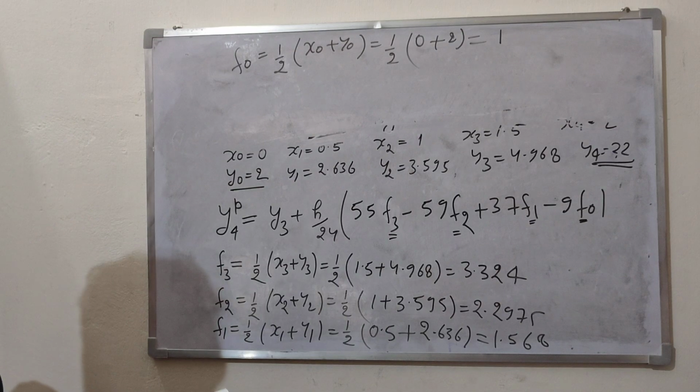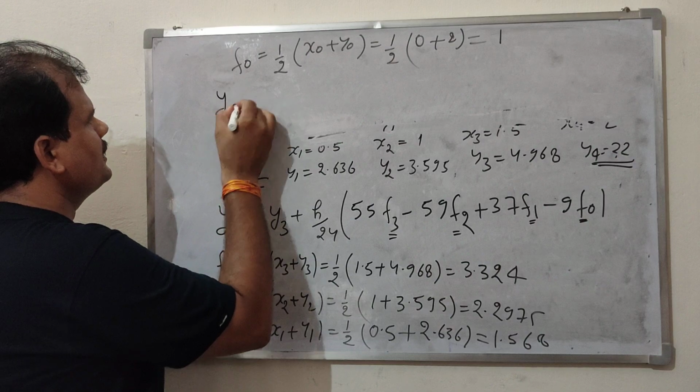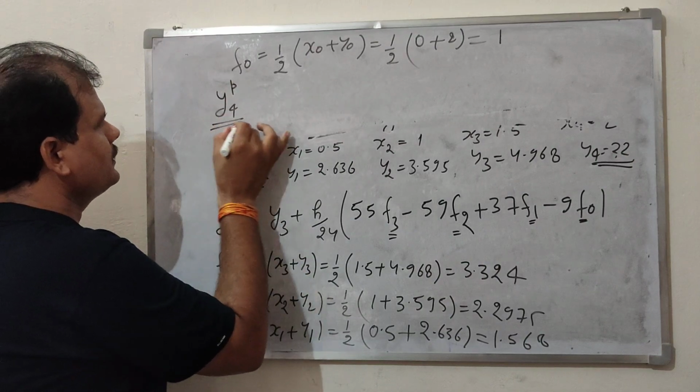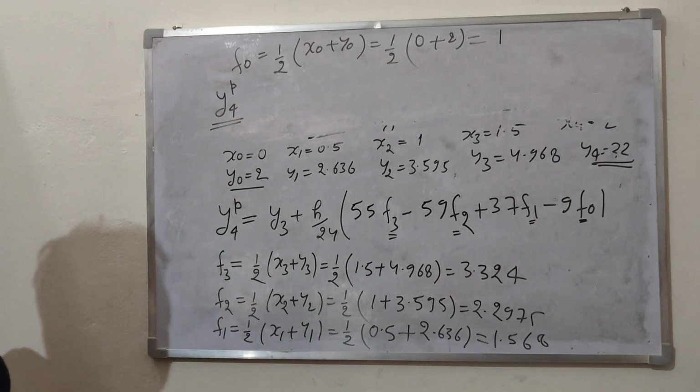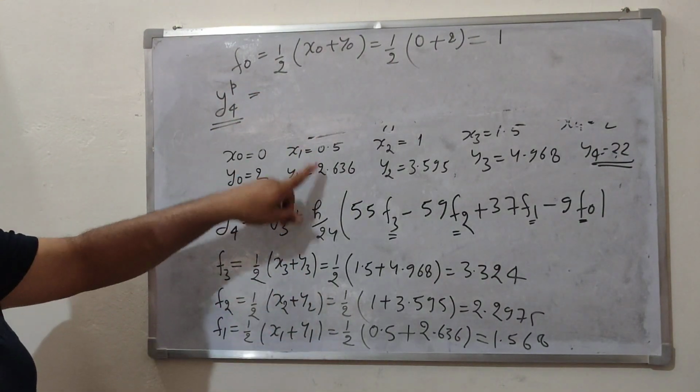Now we have got f0, f1, f2, f3, so we can apply the formula for the predictor value of y4, with h equal to 0.5.